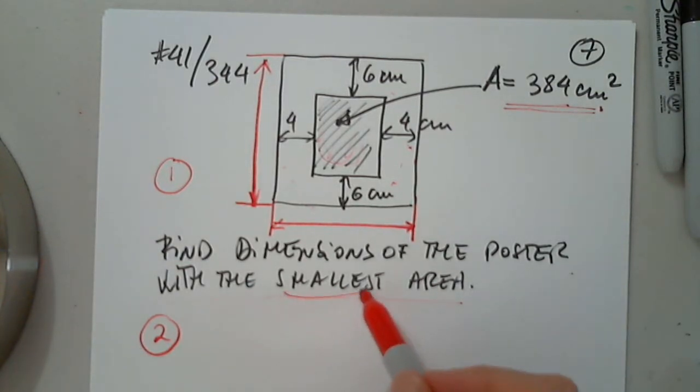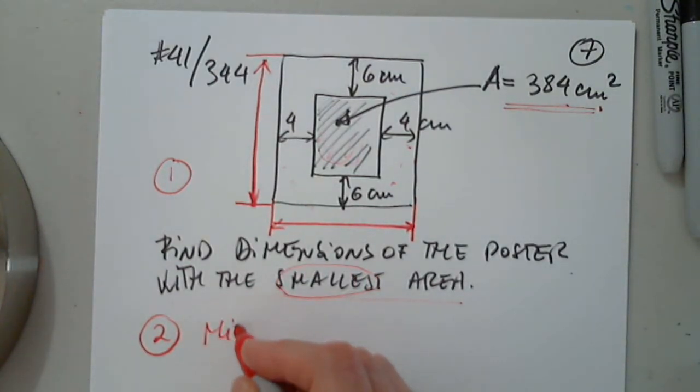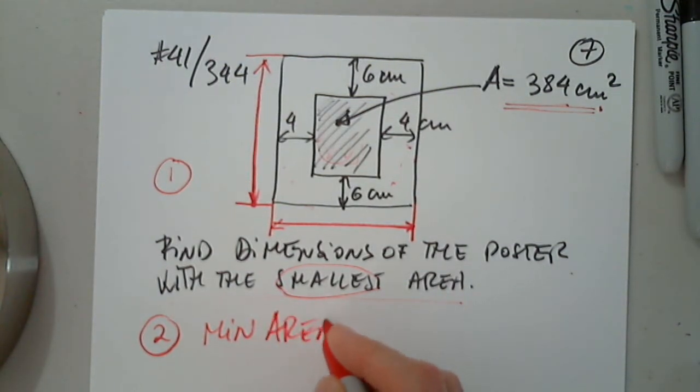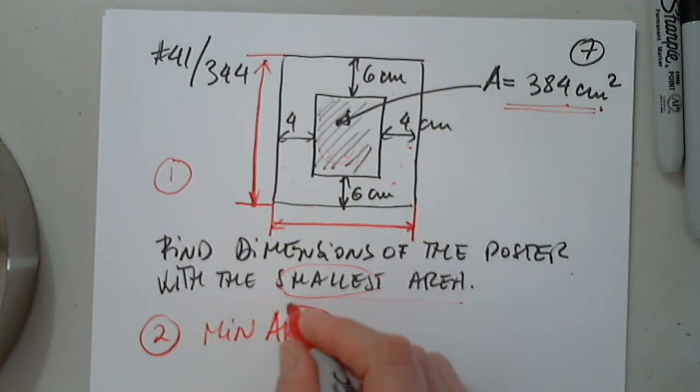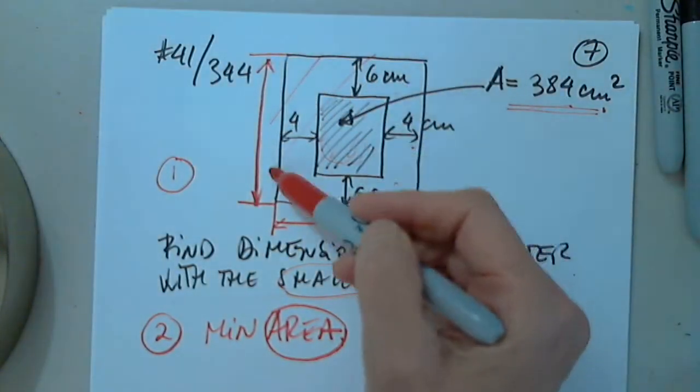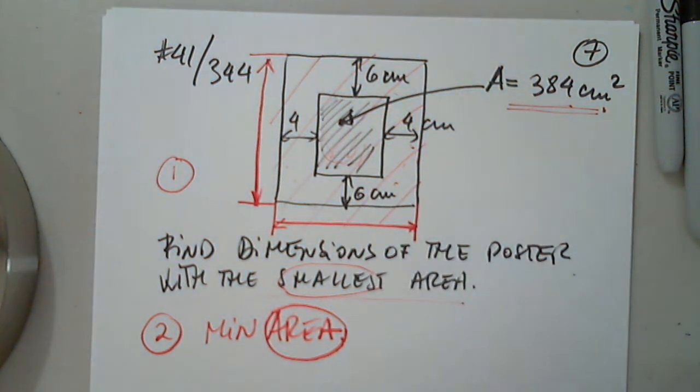So obviously we're talking about the smallest, so they're asking us to find the minimum of an area. So I have to find the function that represents the area of the poster and minimize it. So here's a suggestion.